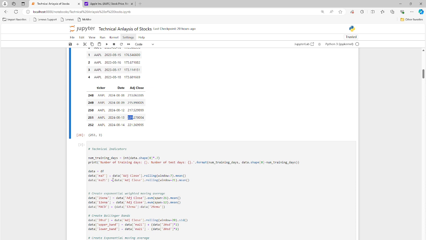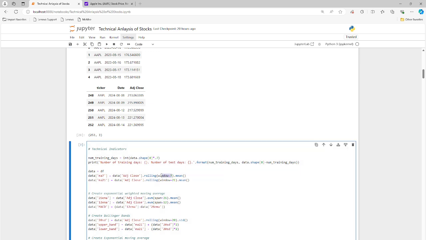We are now going to calculate some moving averages. We have a window of 7 days. Remember, this is end of day data. We're going to take the average, that's the mean. And here's a 21-day moving average. Here we have the exponentially weighted moving average. Okay, so a slightly different metric, but doing somewhat of the same thing, just adding exponential weights to the moving averages rather than just taking the straight average.